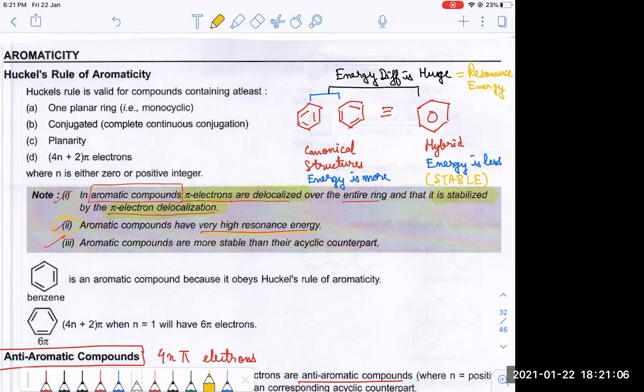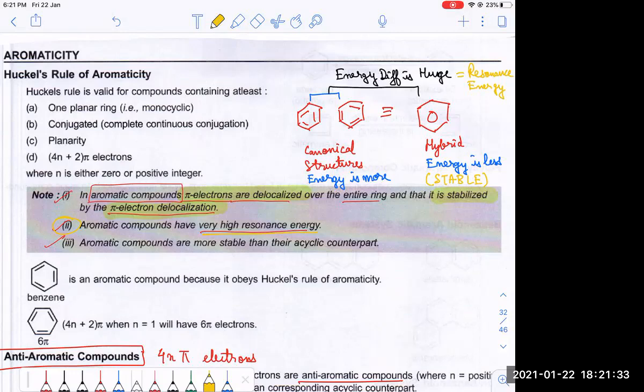But the three criteria do not satisfy that. Planar, conjugation. Okay. Then there was one criterion we missed, and I think that was cyclic.